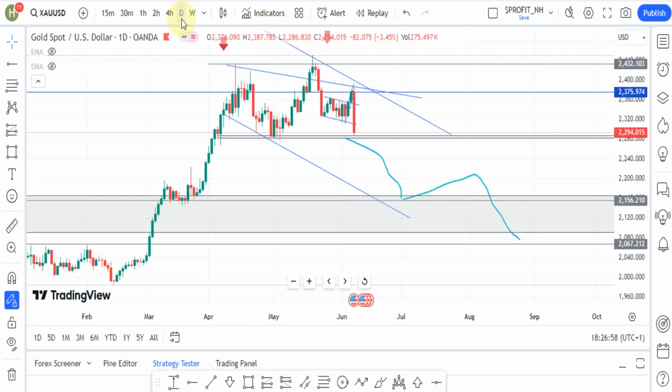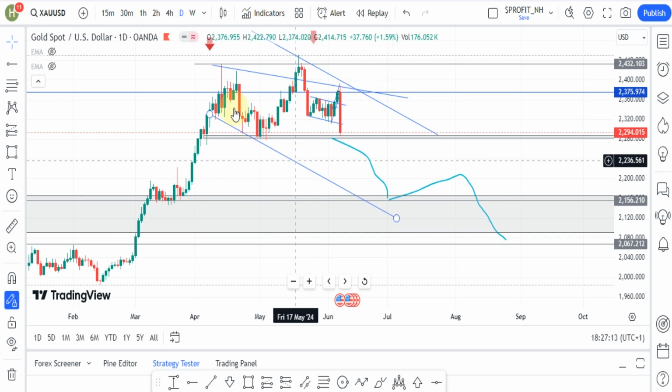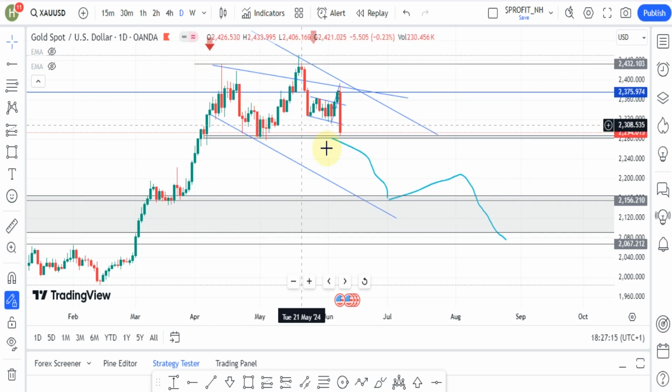So from the bigger time frame, the weekly time frame, we've seen the market giving us that double top, then we have that bearish engulfing candlestick. After looking at that, coming to this daily time frame, we still see the market is on a bearish trend, a downtrend at this point.